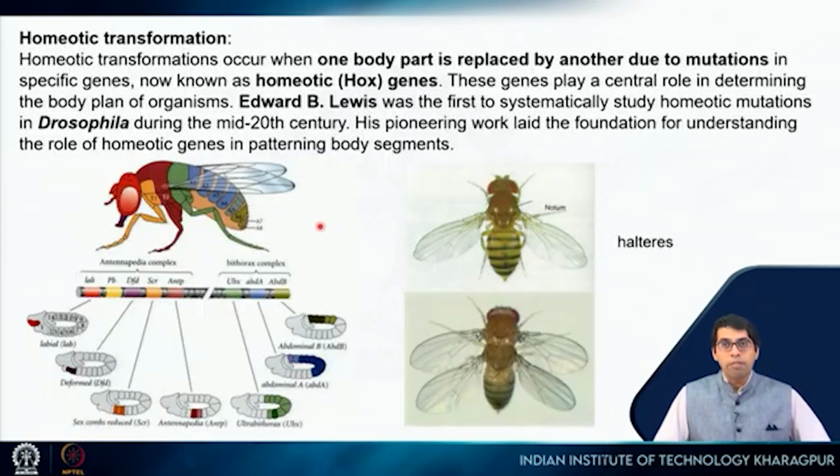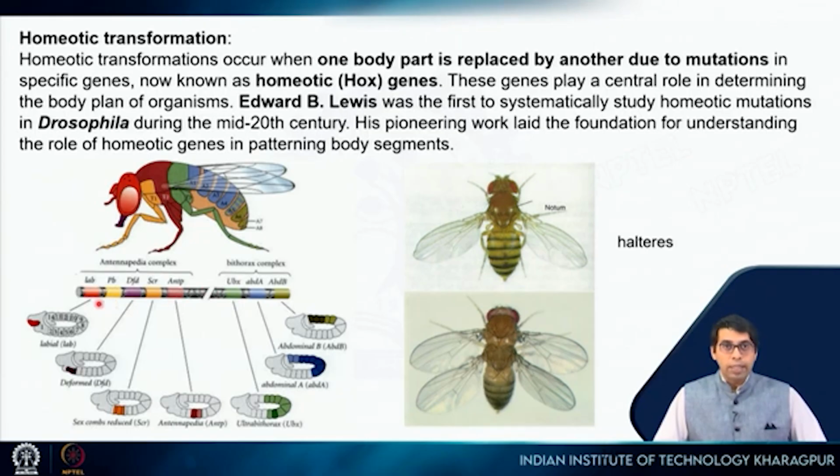Okay. So another very important discovery that happened in Drosophila is the homeotic transformation. It turns out that there are these master regulatory genes called the Hox genes. In Drosophila there are these 8 Hox genes: labial, deformed, sex combs reduced, antennapedia, ultrabithorax, abdominal A and abdominal B, and they are arranged in this linear order on a chromosome.